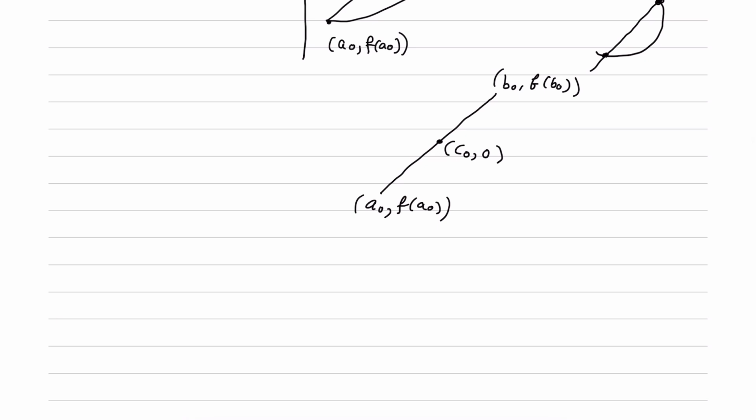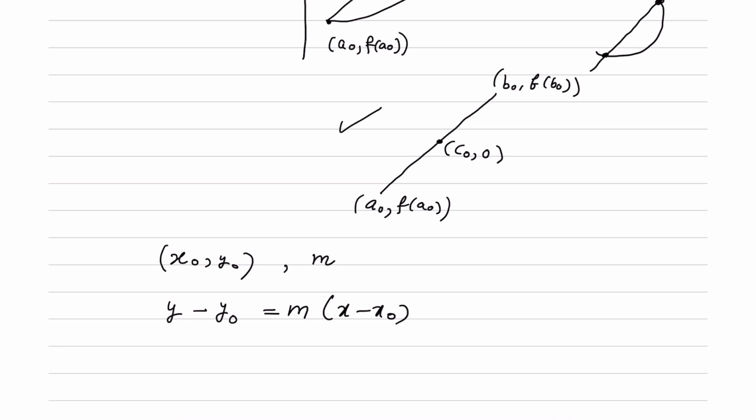Now we are going to write an equation of this straight line. We know that to be able to write an equation of a straight line, we need a point and the slope. Let's say if we have a point through which the line is passing and we have a slope, then we can write an equation of this straight line as y minus y coordinate of a point through which the line is passing is equal to slope times x minus x coordinate of a point through which the line is passing.